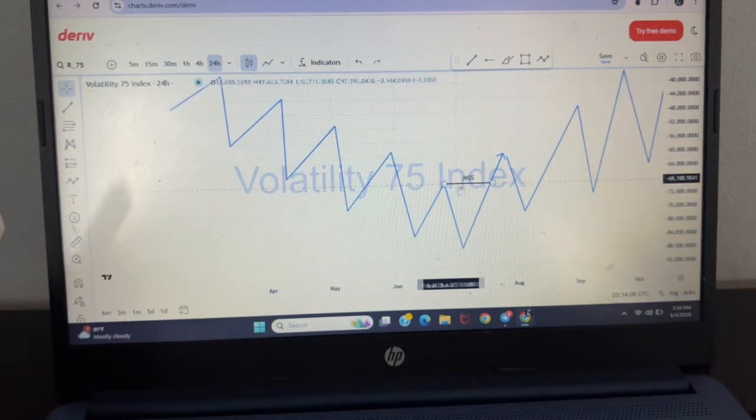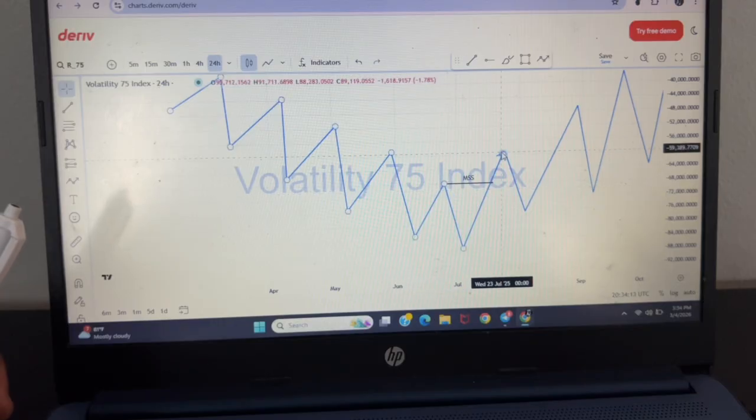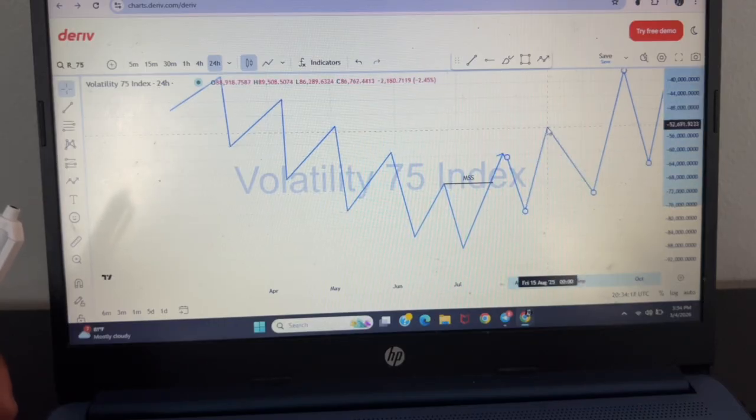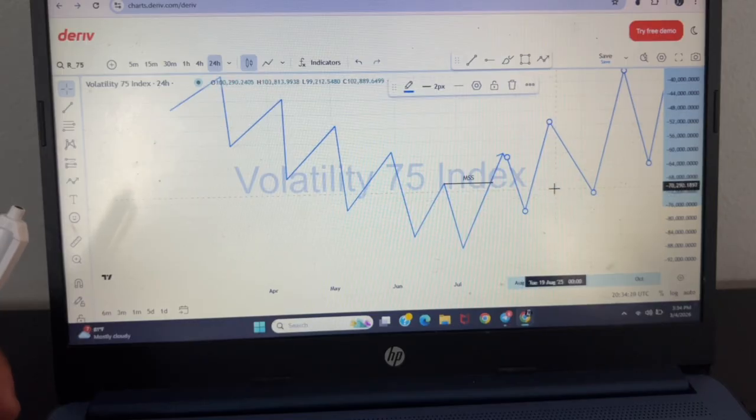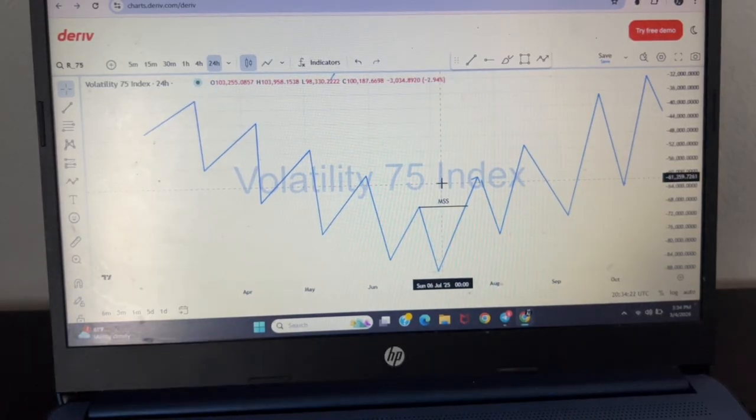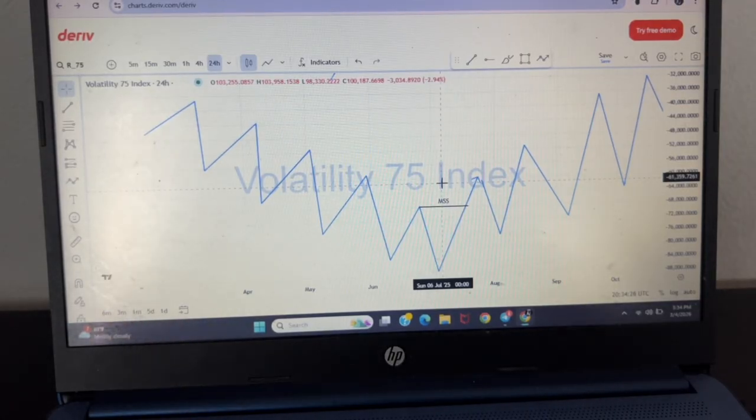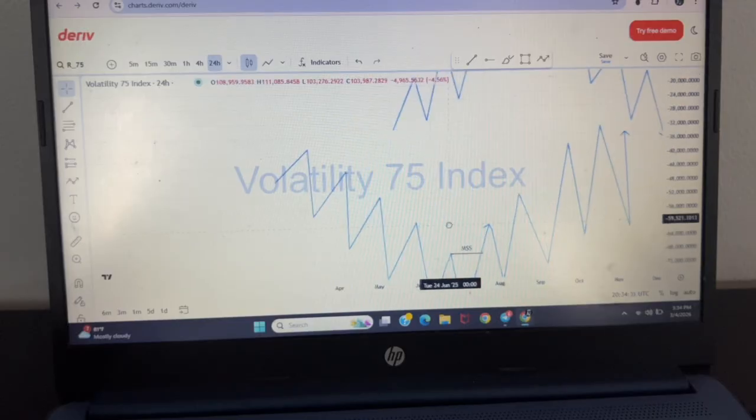You want to confirm when it gives you a market structure shift, break above this lower high to form a new high, then form a new higher low, then a new higher high, then a new higher low. So put that all together, and you can understand how market structure works, how the whole market structure combines, and you can get trades like this.